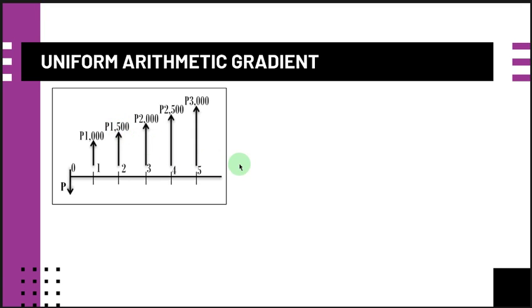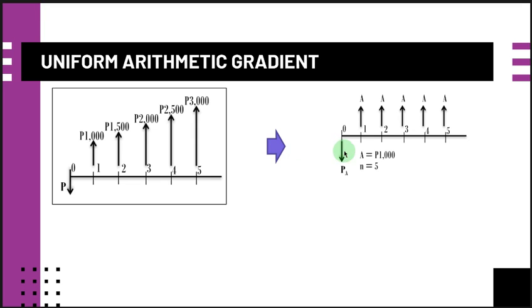So here we can apply the uniform arithmetic gradient in this case, in which for our first figure on the right side of the screen, we have this uniform annuity from year 1 until the 5th year. Our annuity value here is simply equal to 1,000 because based on this cash flow diagram, we have 1,000 pesos during the first year.